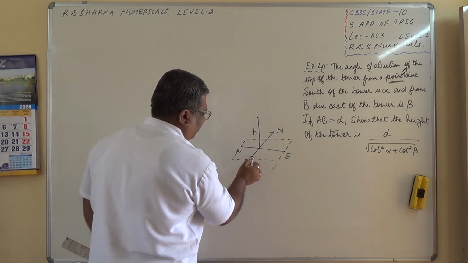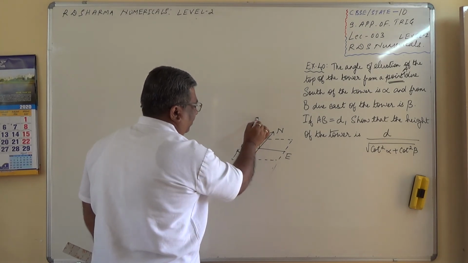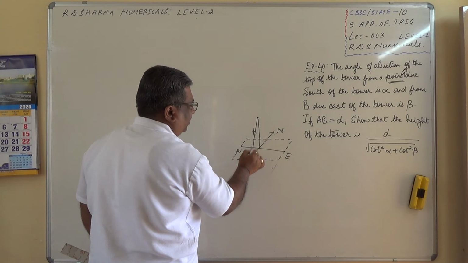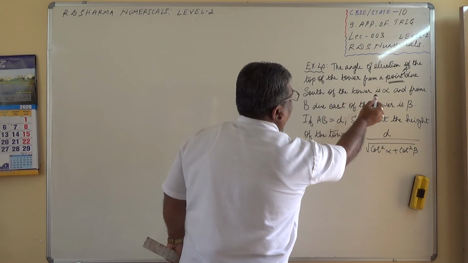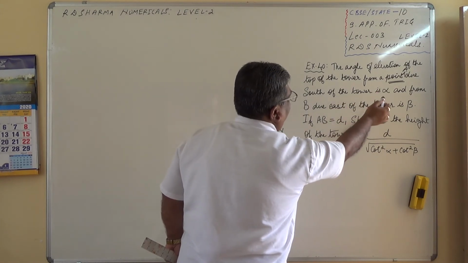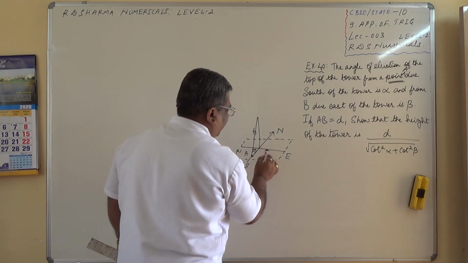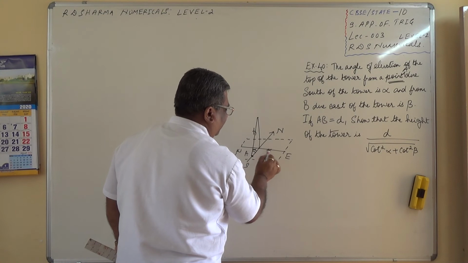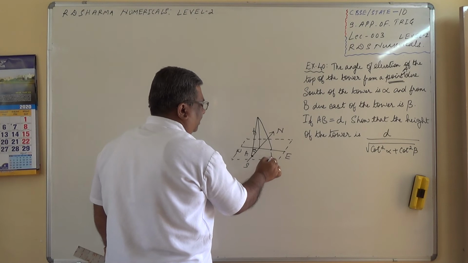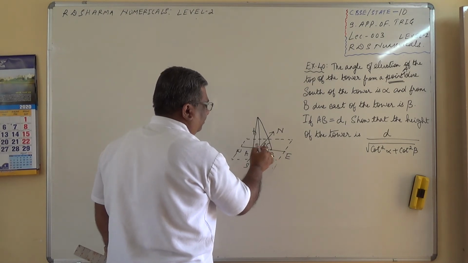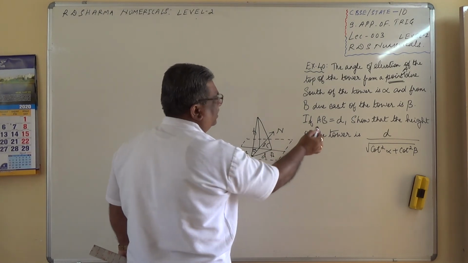So I'll consider one point here which is A. From this point, the angle of elevation of this tower is alpha, and from point B due east, that means towards east, the angle of elevation of the top of the tower from this point B is beta, and AB is given as d.